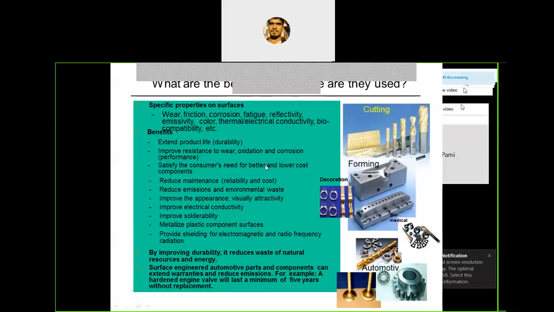Once the temperature increases, the surface is in direct contact with the lubricant, and that lubricant at a high temperature may produce gases, or toxic gases. That will be controlled by using a proper surface treatment. It also improves the electrical conductivity and the appearance. The aesthetic look of the component increases. Can you agree with this?